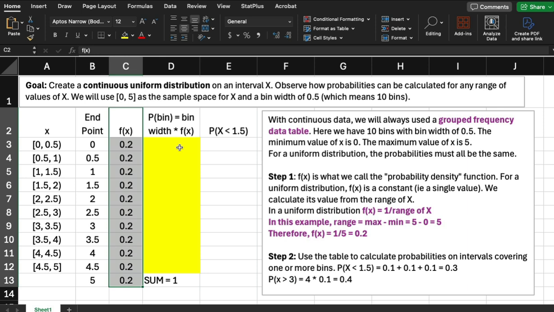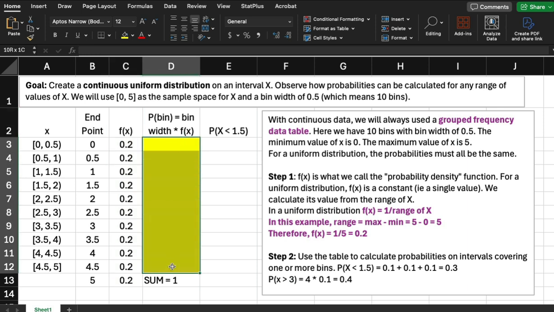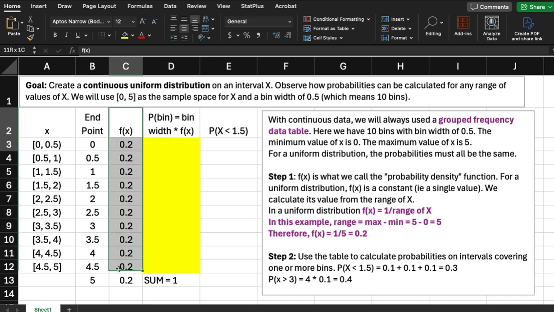The actual probabilities are going to go in column D. So little f of x is just a multiplier. It's going to get multiplied by something. But we do need that number.